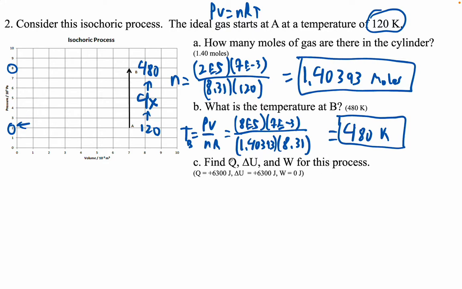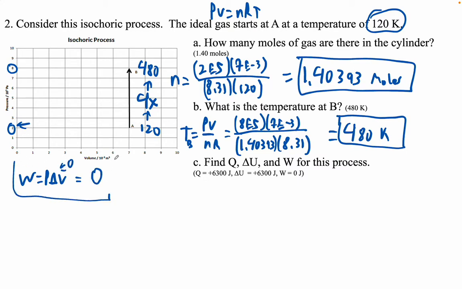Okay, so let's calculate Q, delta U, and work for this process. Well, I know that work is 0 because the change in volume is 0. Work is pressure times change in volume, and our change in volume is 0. So it's 0.